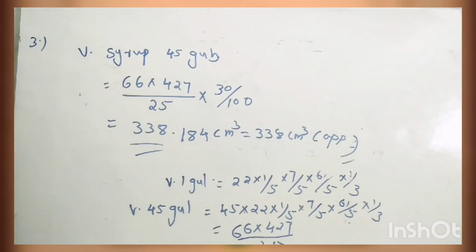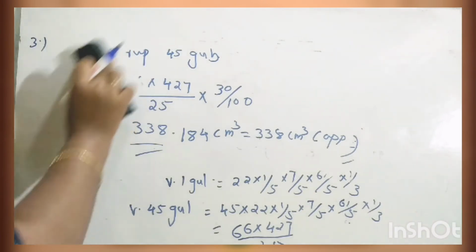Fourth question. In that fourth question, a pen stand made of wood is in the shape of a cuboid with 4 conical depressions. So we have one cuboid, and in that cuboid we have 4 conical depressions. The dimensions of the cuboid are 15 centimeter, 10 centimeter and 3.5 centimeter.